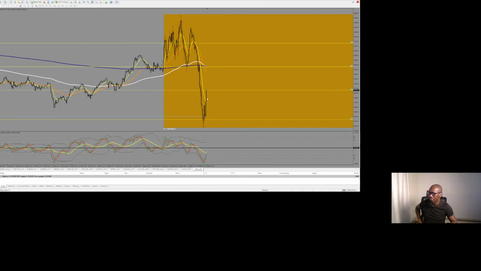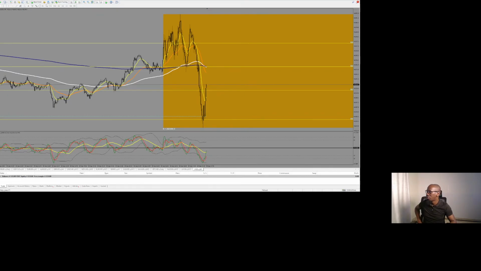So this is the first touch. If price separates from the 13 EMA and then touches it another time, and then another time, and then another time, we count this as the first one, this as the second, the third, and then the fourth, then price will be reversing in this direction.